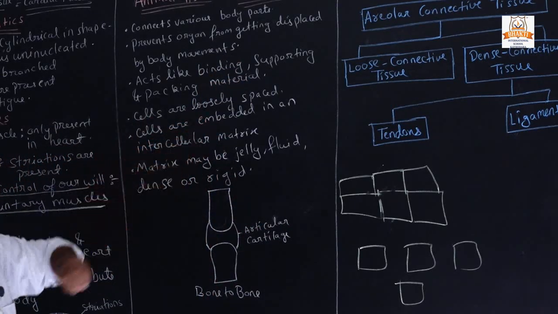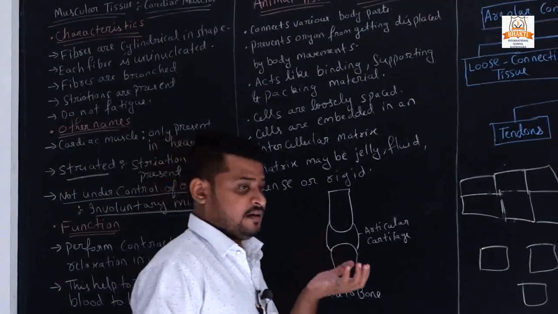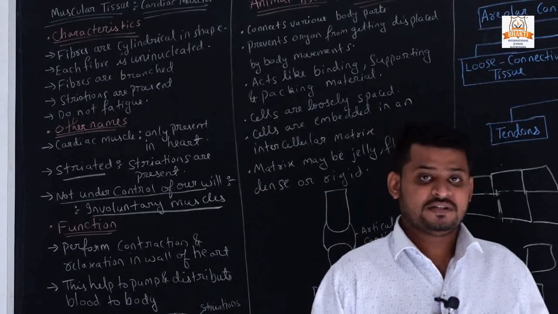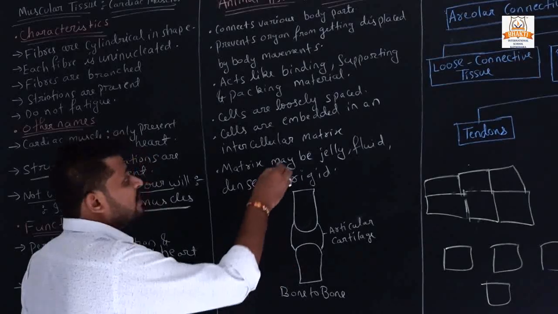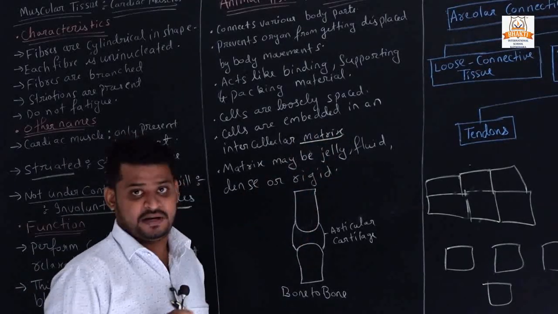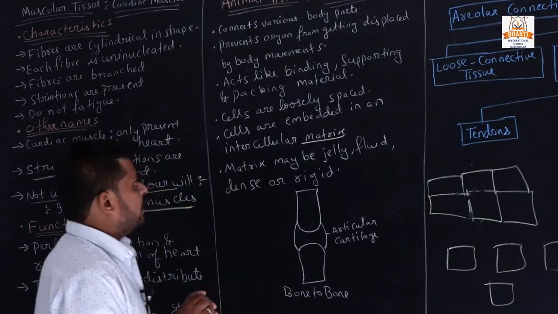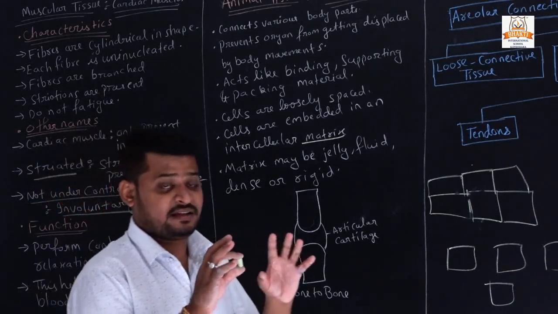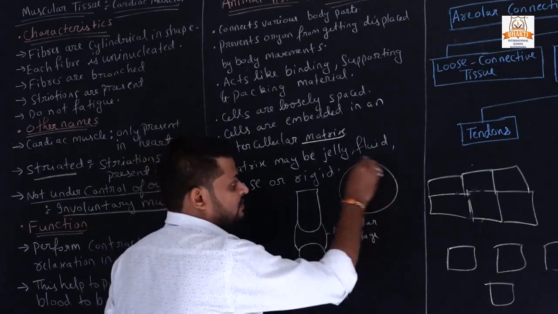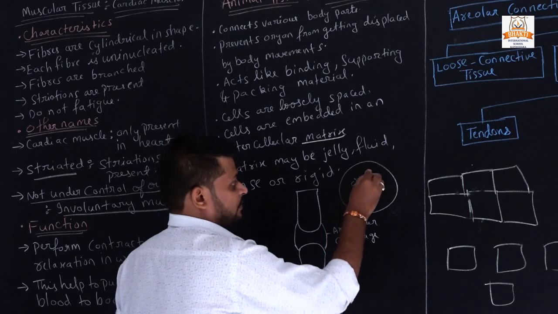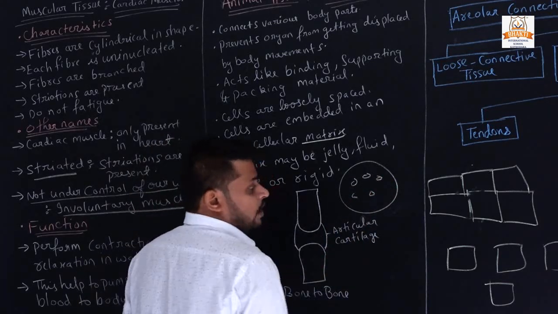Cells are loosely spaced, meaning the cells in the tissue can be arranged anywhere. So the matrix is present in a tissue, and it will collect the cells at one place. I show you, this is a tissue in which cells are present. Then what happens? A matrix.